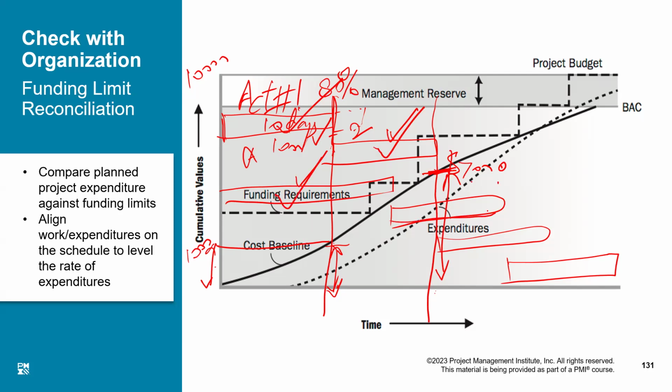This activity has not yet been completed, so we will ignore it. So 7,000 is the budget for activities A, B, and C. By this point, the 7,000 point, we should have spent $7,000, and if we have completed these activities, we have achieved that budget. Can you see the correlation between the schedule and the cost baseline?